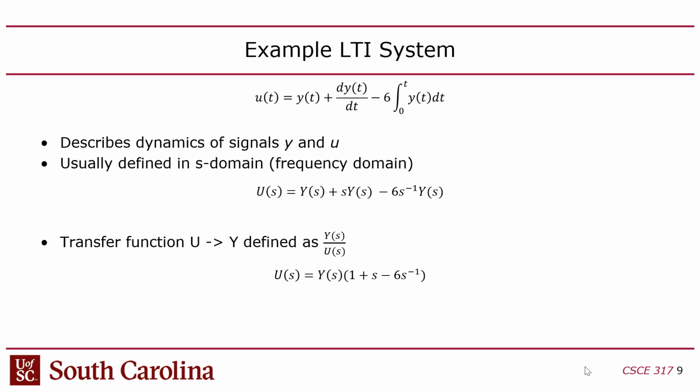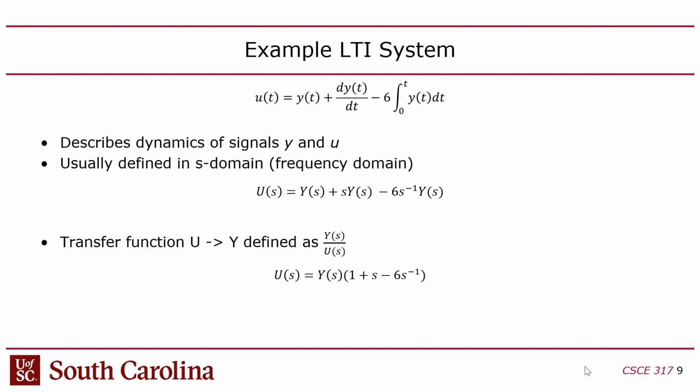So the idea is we start with the time domain, we convert to the frequency domain, and then this one's pretty simple because we already have u on one side and y on the other side, and we can factor out y of s. So if you factor out y of s, it's u of s equals y of s times 1 plus s minus 6s to the minus first power.